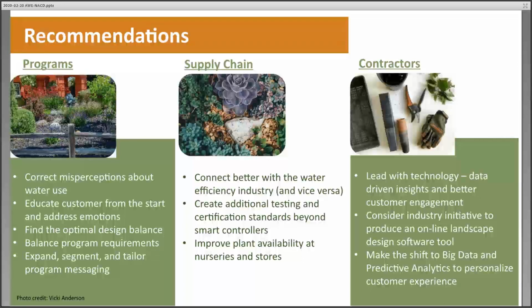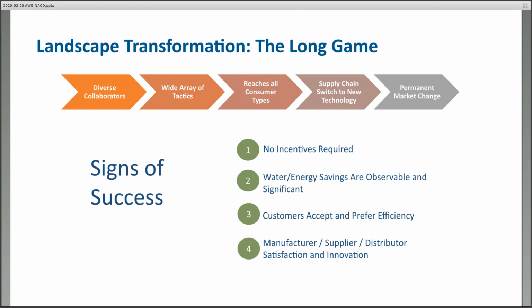And then with the contractors, again, making that connection, lead with technology, and get that segment of the market motivated around sustainable landscapes and water efficiency.